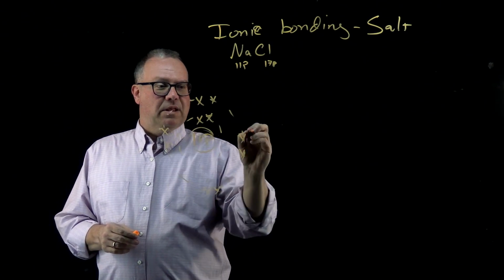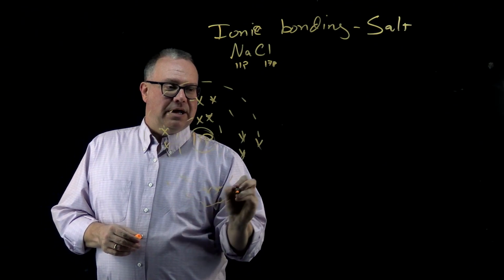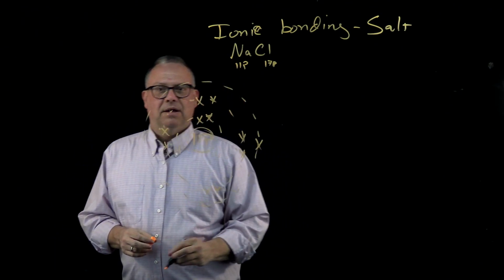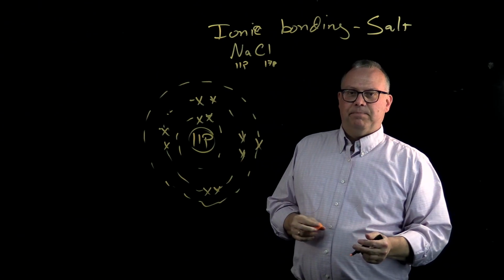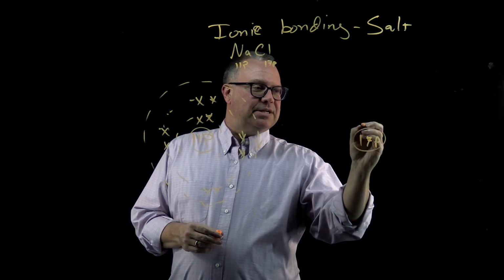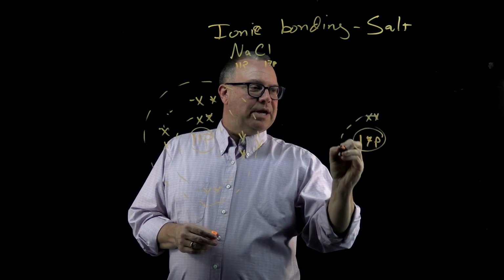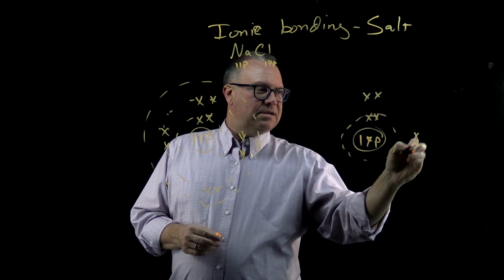It's coming along pretty well, and this lone single electron is out on the outer valence shell. Get out of the way so you can see it. Sodium. Chlorine has 17 protons. Likewise, it's going to give me a minute to draw this.